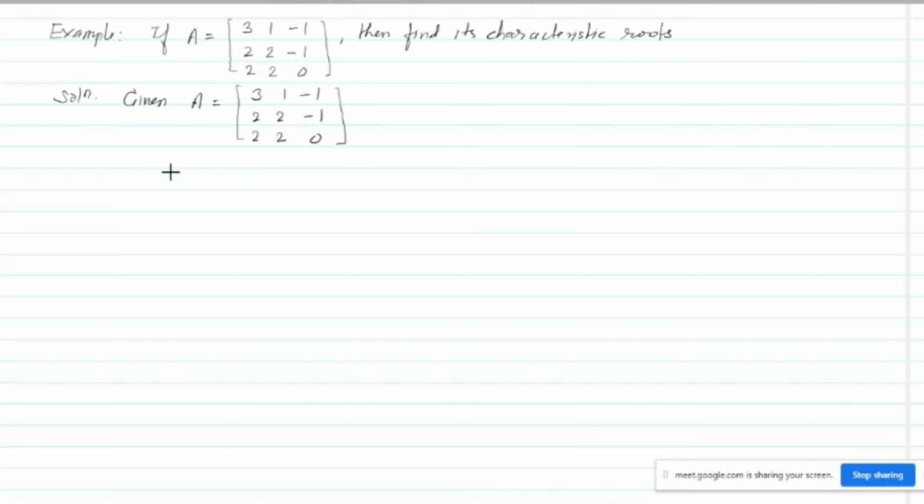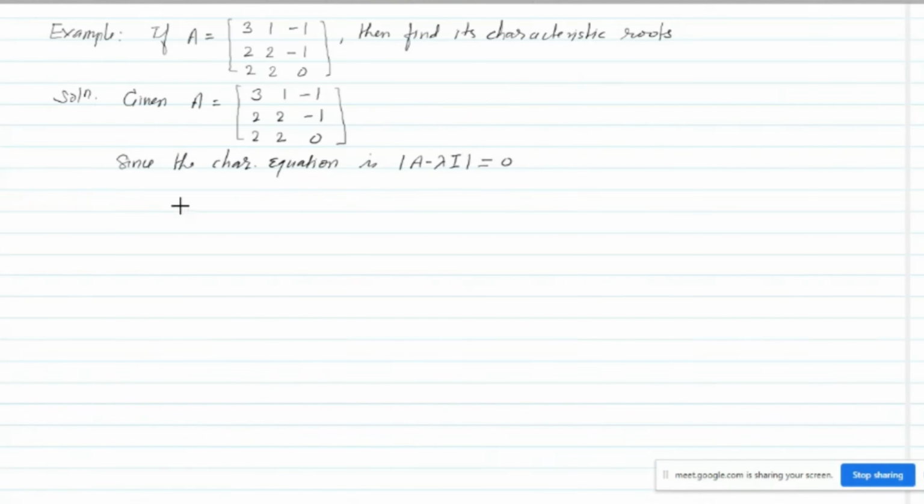Now our job is to find the characteristic equation. Since the characteristic equation is the determinant of A minus lambda I equal to 0, here we will use a shortcut formula to find it.